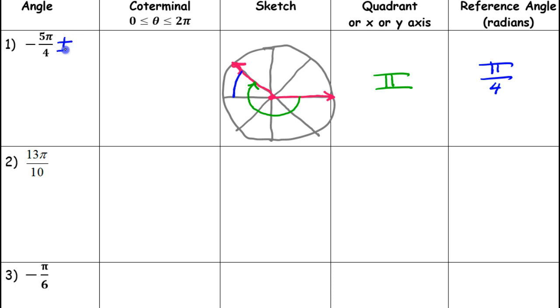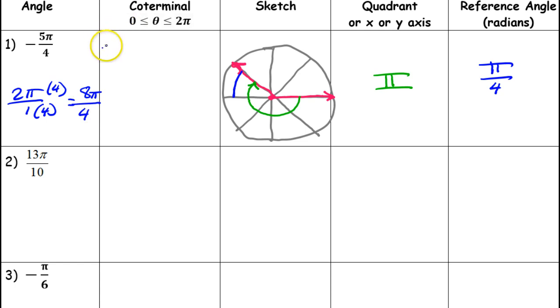You know that I can get a coterminal angle if I add or subtract 2 pi. We need like denominators though, so 2 pi over 1, if I multiply by 4 in the numerator and denominator, would be 8 pi over 4. So if I want coterminal angles, I can just add and subtract 8 pi over 4.